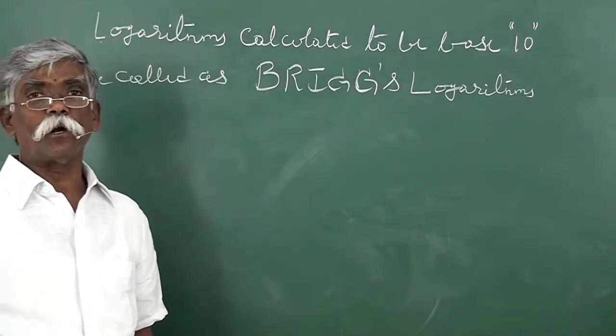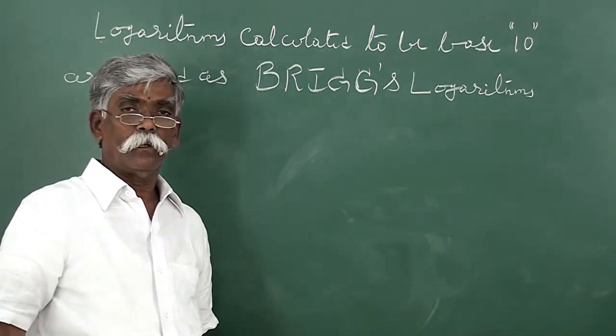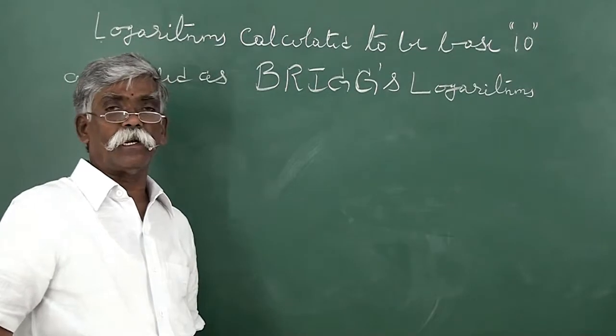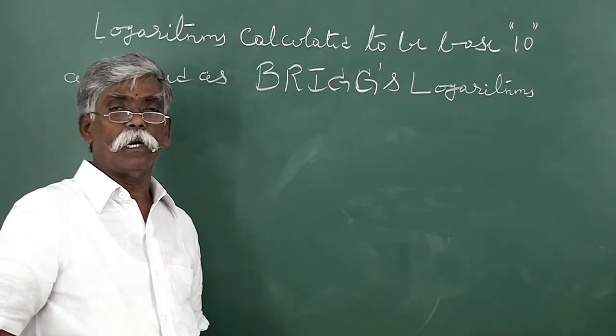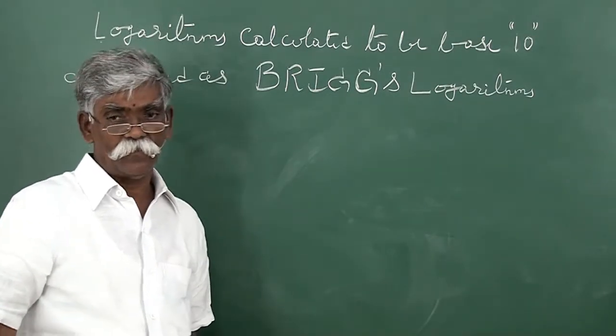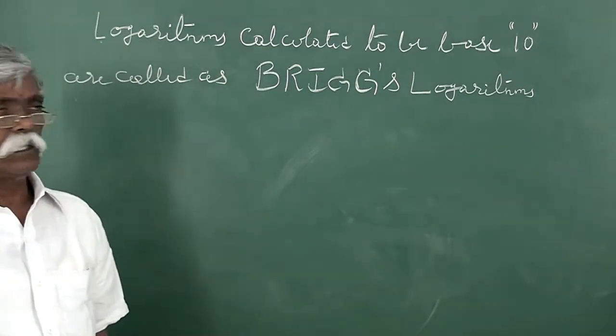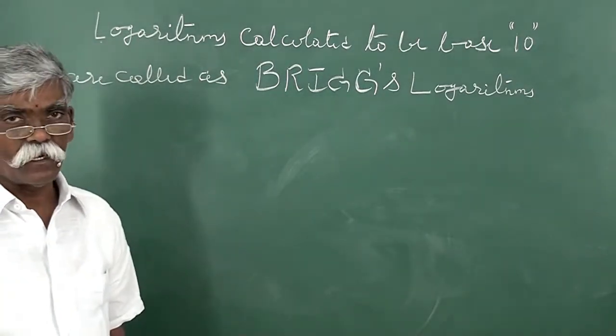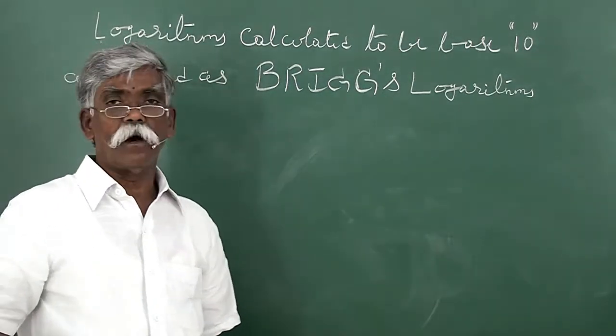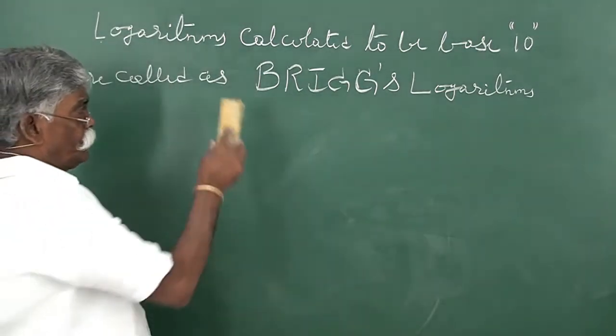So if we do not mention any base, we will take it as a Naperian logarithm, and the base is understood to be e. And if the base of a logarithm is 10, then they are Briggs logarithms.